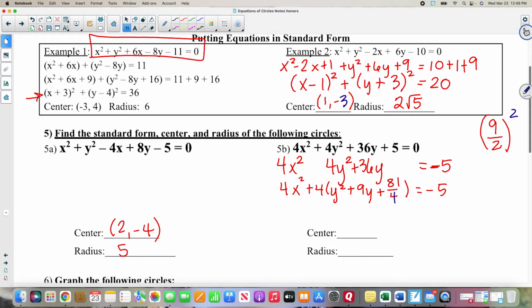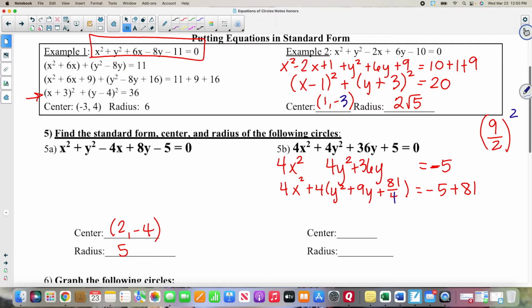However, there's a 4 right here, correct? So we didn't actually add 81 over 4. We added 81 over 4 times 4. So it's 81. So on this side, we need to add 81.